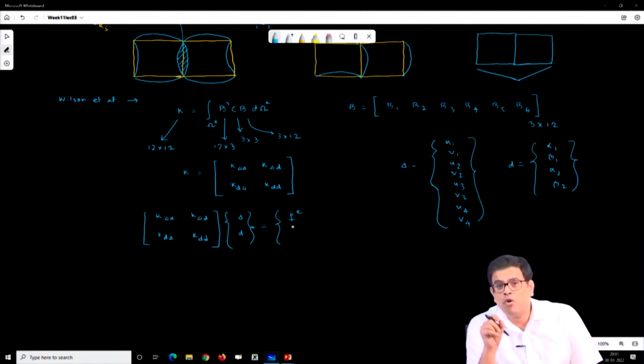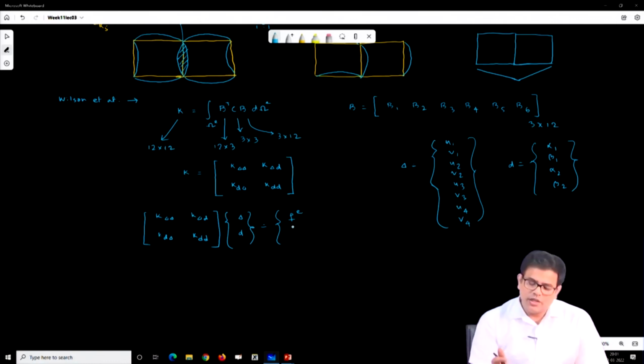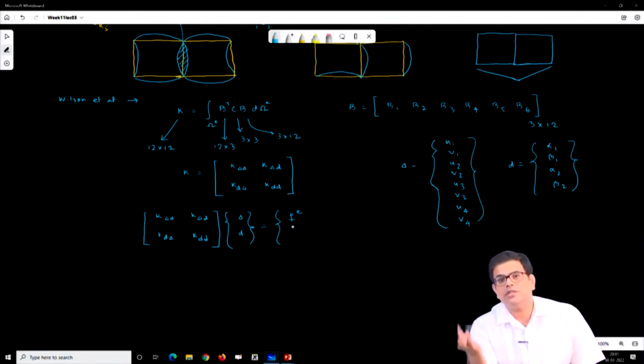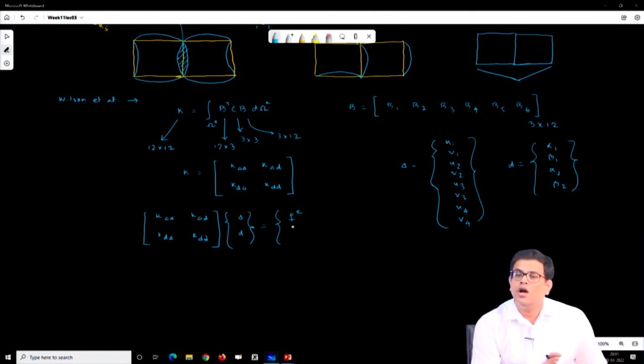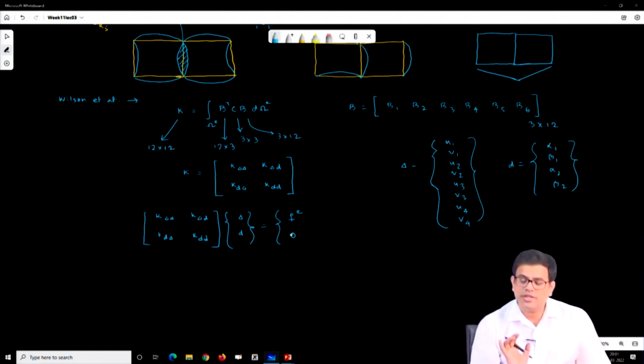Remember one thing: when you compute body force or surface traction, we don't use these incompatible modes, because that would violate the continuity condition, as the total volume will not be conserved. So while calculating the body force and the surface traction, we use the standard Q4 shape functions. Only for calculating the stiffness matrix are these incompatible modes considered.